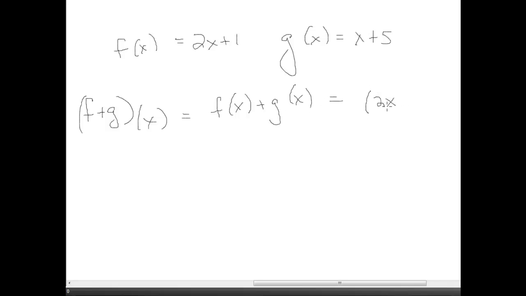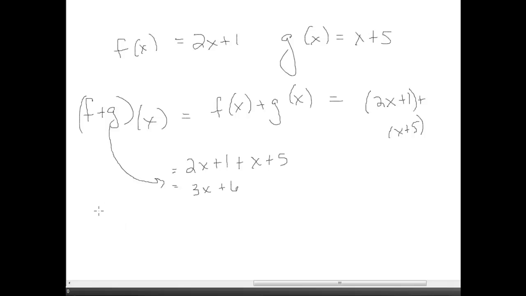So this is just 2x plus 1 plus x plus 5, and then I'll collect like terms. 2x plus x is 3x, and 5 plus 1 is 6. So f plus g of x is 3x plus 6.